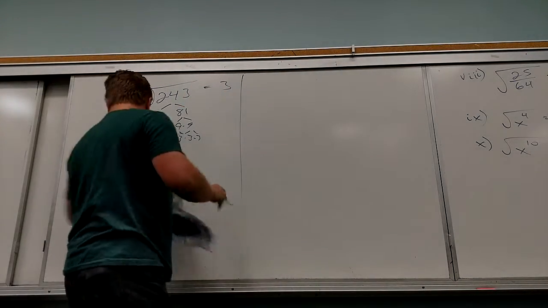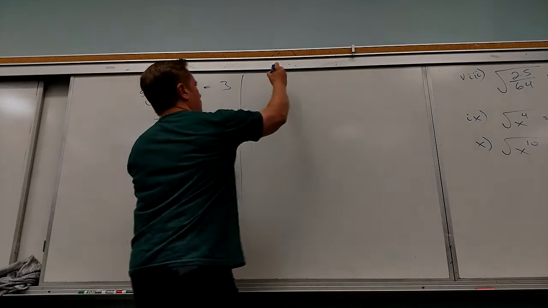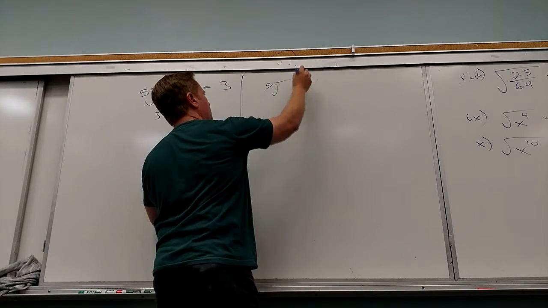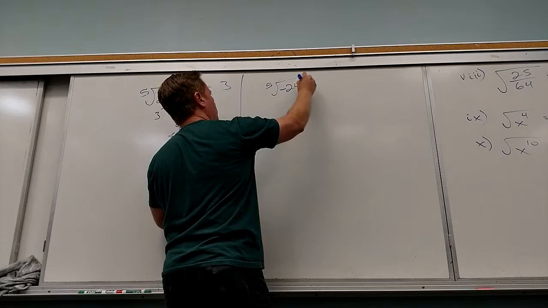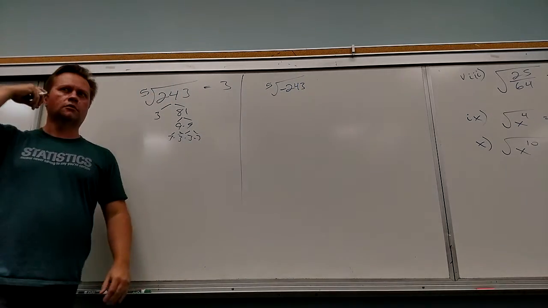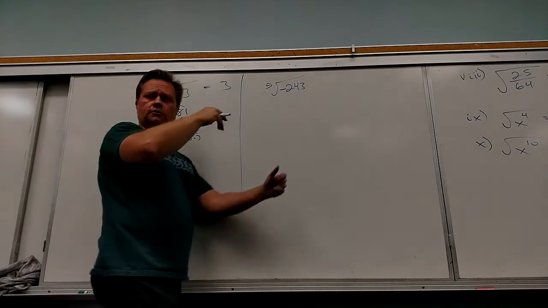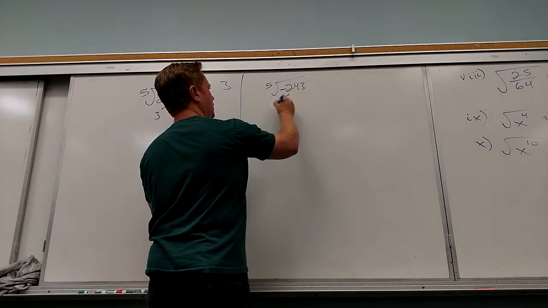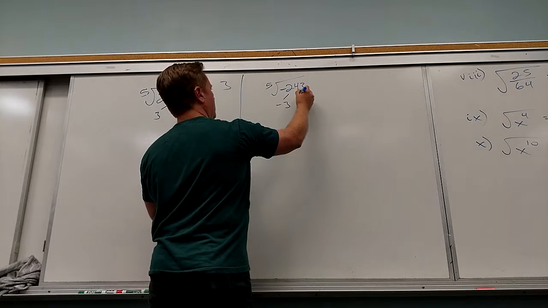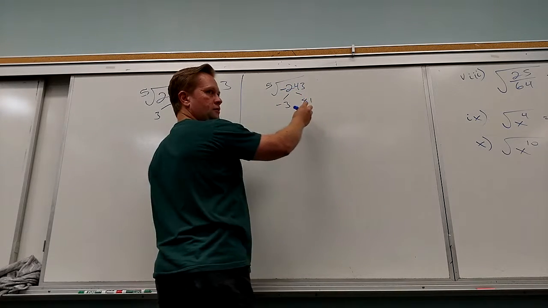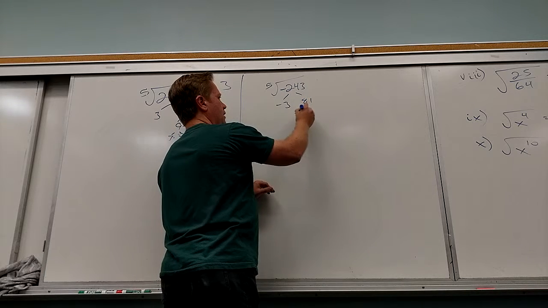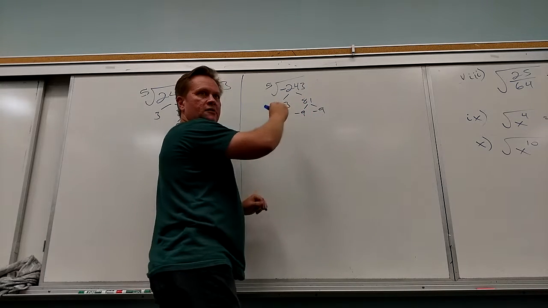Alright. Now notice something about this. What's the fifth root of negative 243? Can I do that? No. Well, let's try. I'm giving up so early. This is negative 3 times 81, right? And isn't this negative 9 times negative 9?